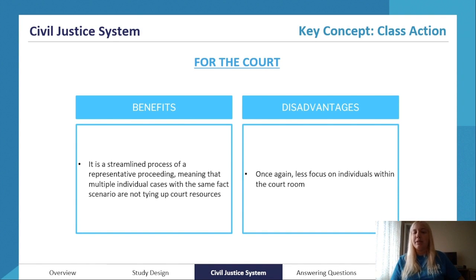So, if there are all these people and their circumstances are similar, there's always the risk that the court's outcome is incorrect.